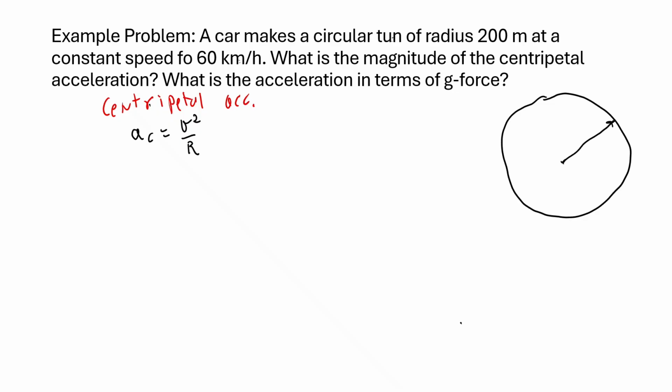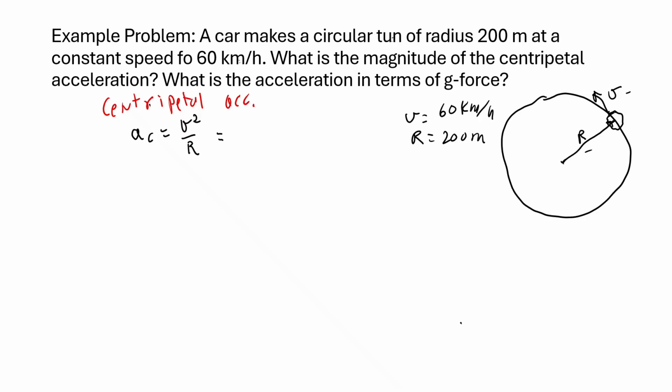There's our radius vector going out from the center, and this is our car right there. The car is going this way with a certain velocity. The velocity of the car is 60 kilometers per hour, and the radius is 200 meters.